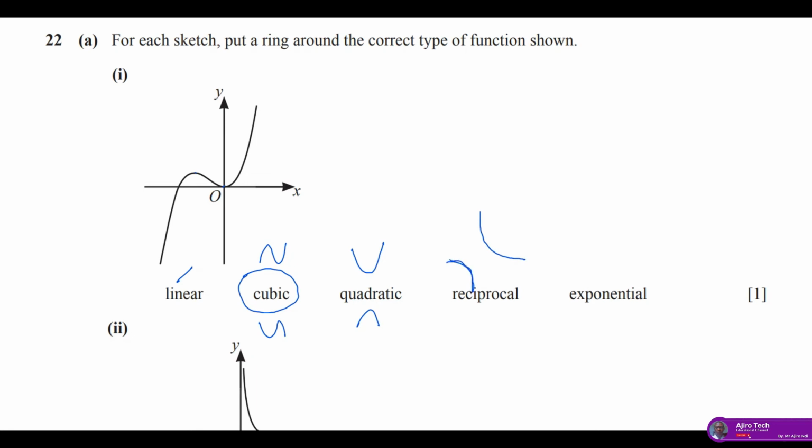When you have the x-axis and y-axis, x and y, this is reciprocal. For an exponential function, x and y, you have it going like this. So take note of all these types of functions.